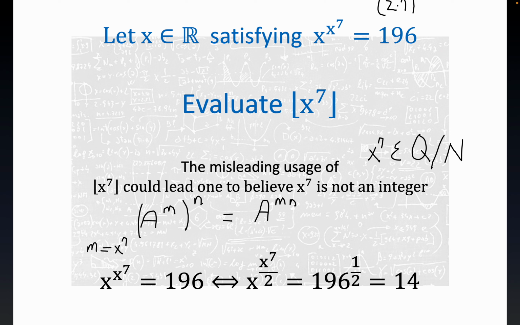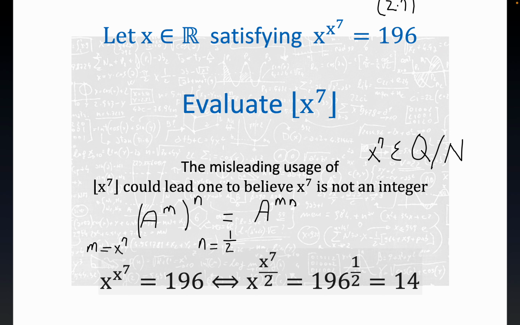And then the n in this case would be just 1/2. A lot of times people just say take the square root of both sides, but really you're raising both sides to the 1/2 power. You don't normally think of it that way, but that's exactly what happened: x to the 7th times 1/2 right here.